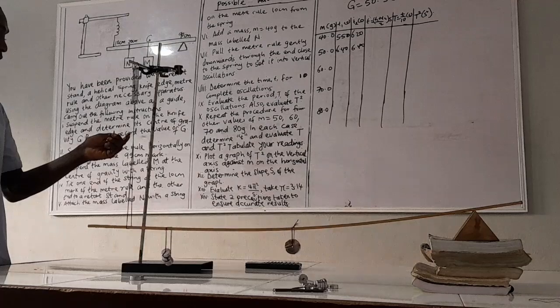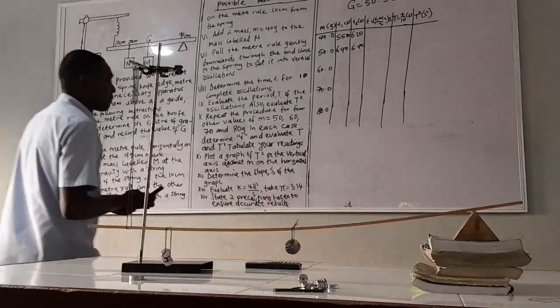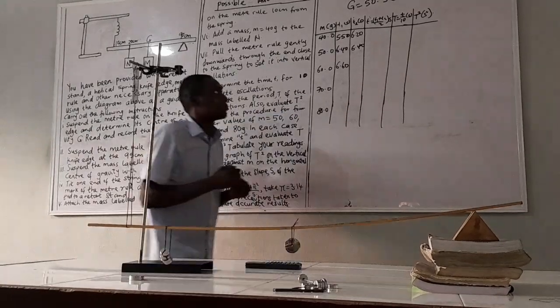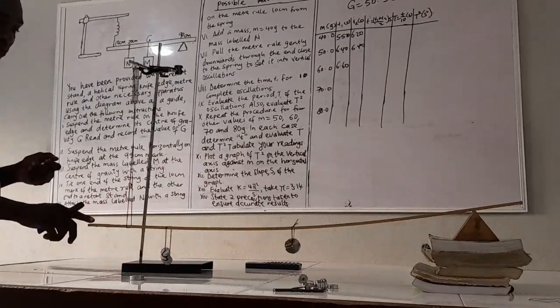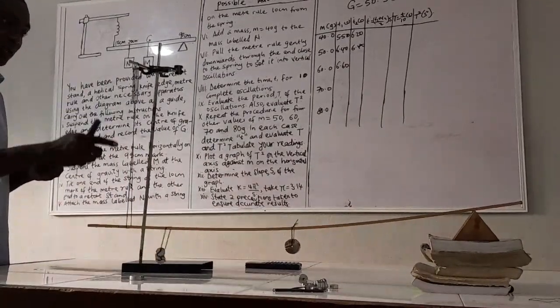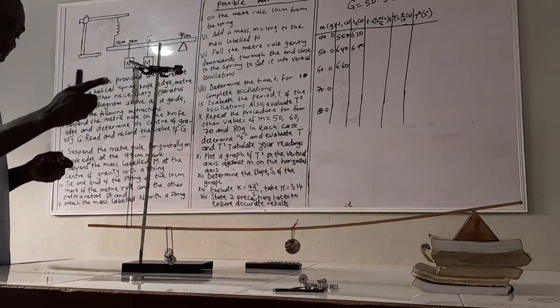Here I have 6.60. So I can retake that again. Let me set it to oscillation again. 1, 2, 3, 4, 5, 6, 7, 8, 9, 10.